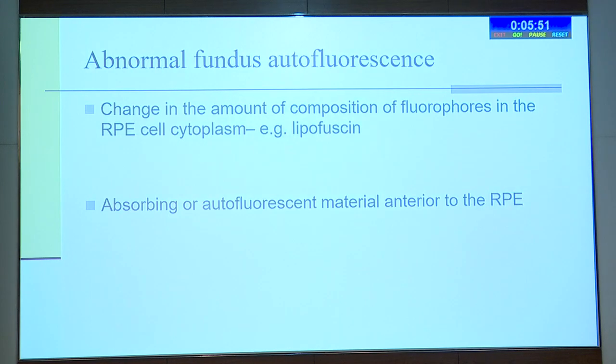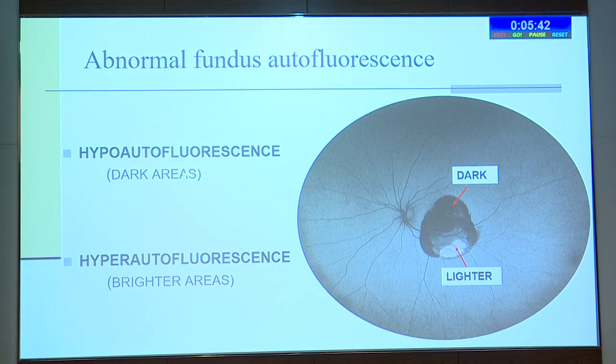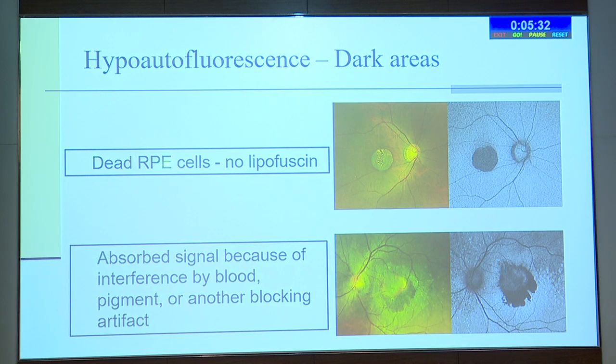Next we need to know what is abnormal fundus autofluorescence, and that's usually due to a change in the composition of the fluorophores in the RPE. We need to know only two terminologies. One is hypoautofluorescence, which is the dark areas, and hyperautofluorescence, which is the bright areas. In short, dark means dead.